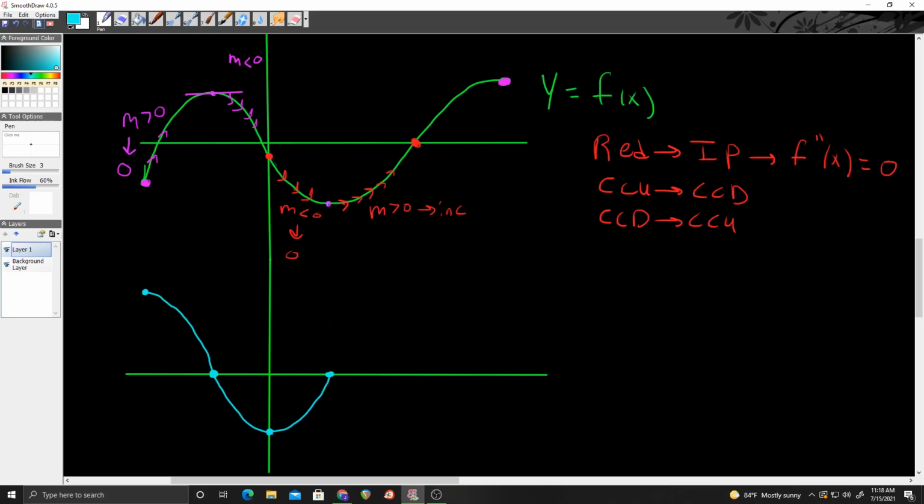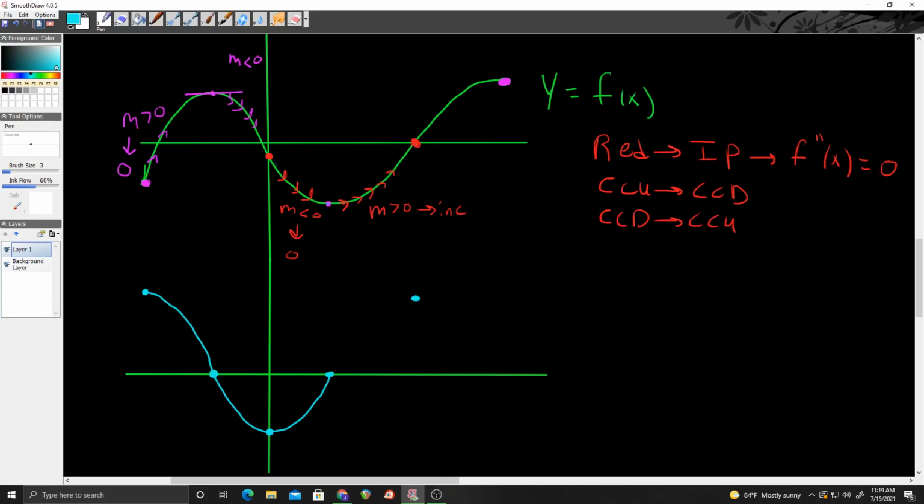And now what's happening? Now the slope is getting a little more positive, a little more positive, until this point right here. It's maximum positive here. And so this will be where the maximum is for the slope. I don't really have any information here to tell you if it's more positive than here or not.